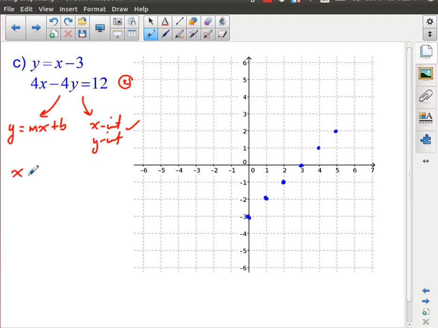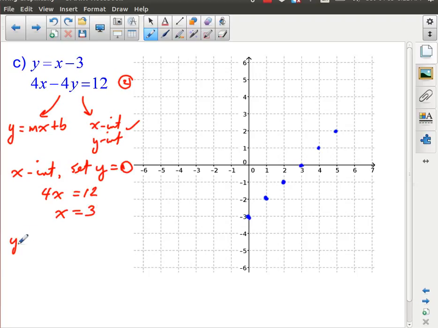So for my x-intercept, I set y equal to 0. When I set y equal to 0 in this equation, this -4y becomes 0, and I'm just left with 4x equals 12. Divide both sides by 4, and I end up with x equals 3.